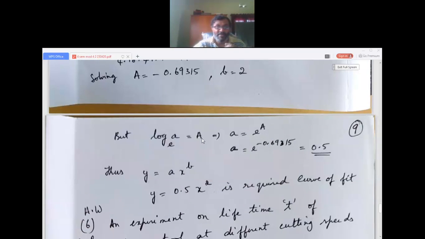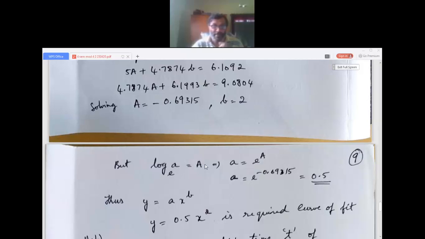So log a base e is A. By the definition of logarithms, small letter a equals e power A. So a equals e power minus 0.69315. This you calculate from the calculator, and you will get 0.5.